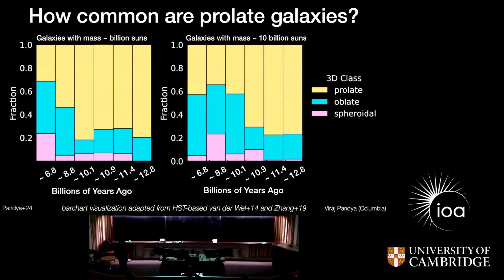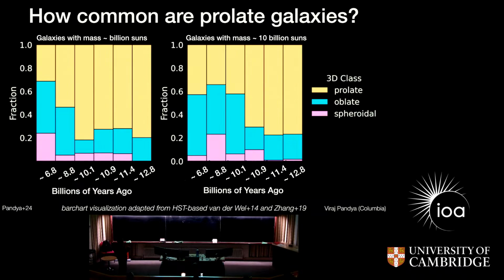Our Milky Way today has a mass in stars of about 5 times 10 billion suns. And these colors show the fractional contribution of these prolate ellipsoids, these circular disks in cyan, and then these spheroids in pink.